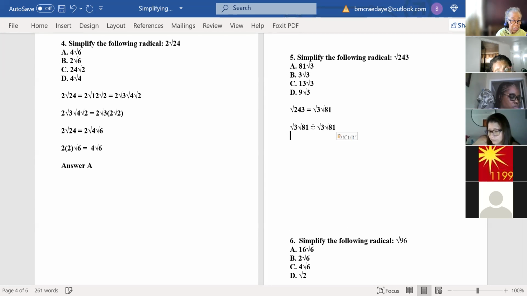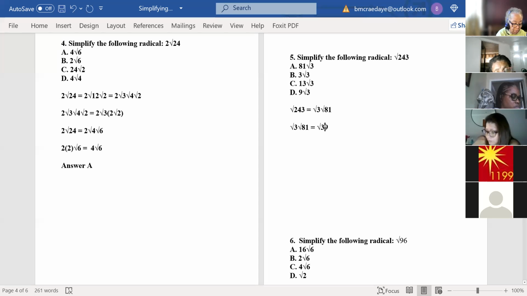This square root of 81 is 9, right? But we put the 9 in the front. Otherwise, you'd have to put it in parentheses.